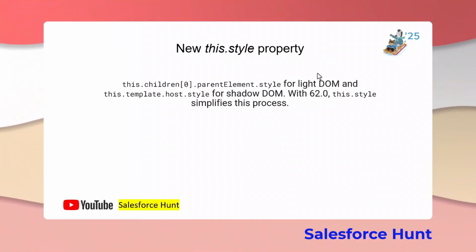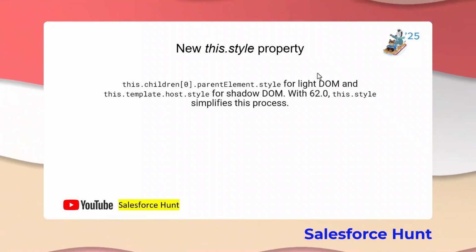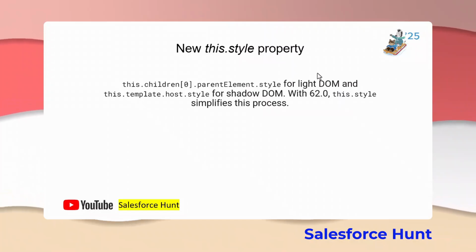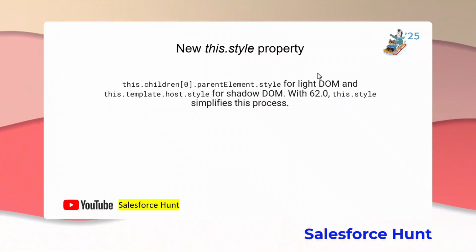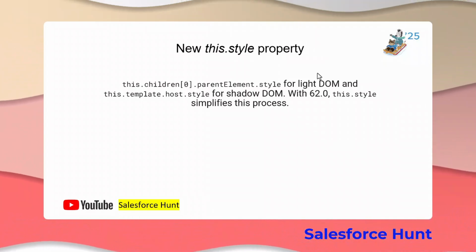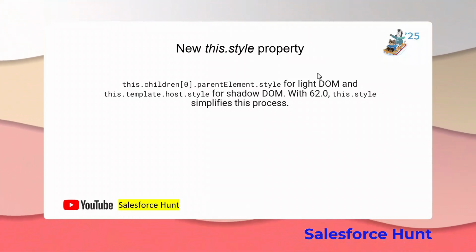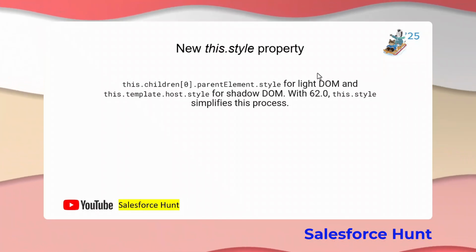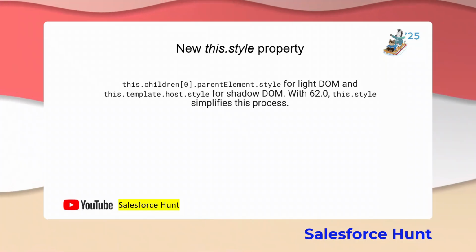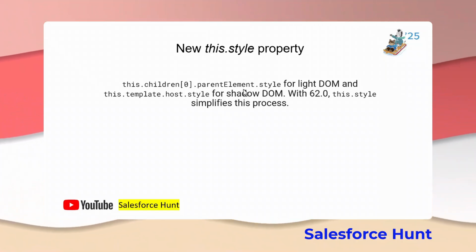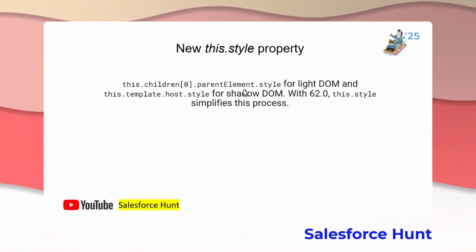As you know very well, Lightning DOM, shadow DOM, right? Shadow DOM always works with encapsulating your styling. But Lightning DOM is a normal DOM, right? So with 62.0, this dot style simplifies this process. So how can we leverage this feature? This is the new way to use these things.